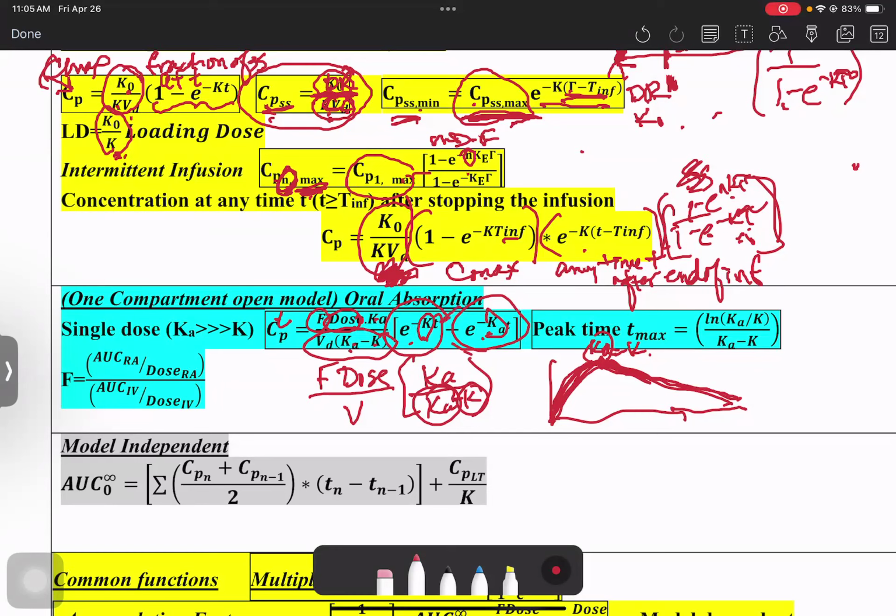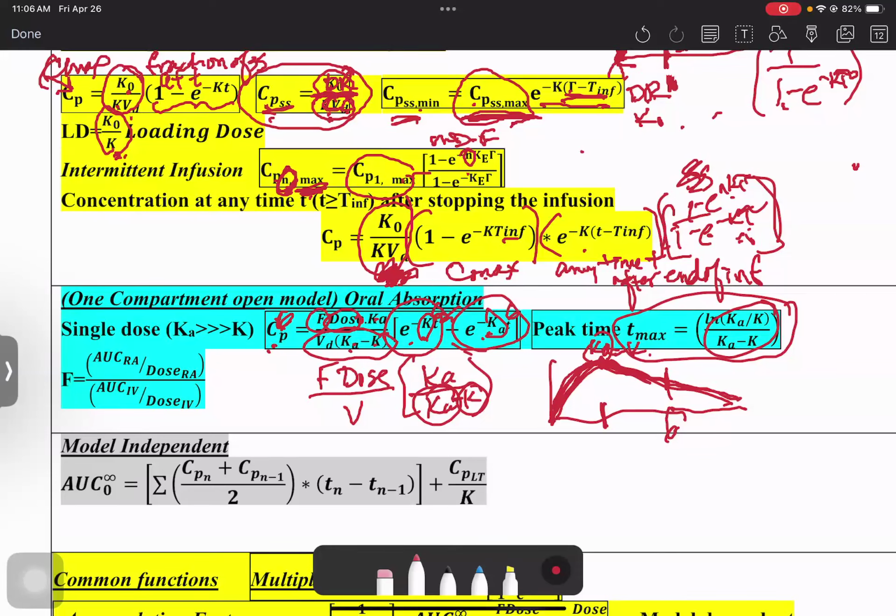So at any time t, let's say you want to know what it is at 6 hours. You put 6 in here for your t's, and then just plug and chug for your concentration at 6 hours in. Your peak time, your Tmax, can be calculated by the relationship between these Ks.